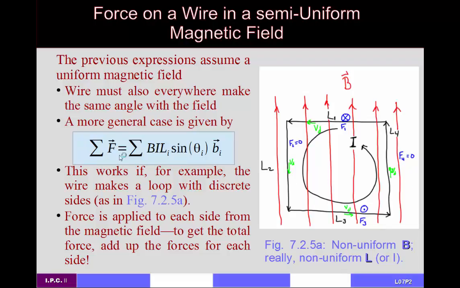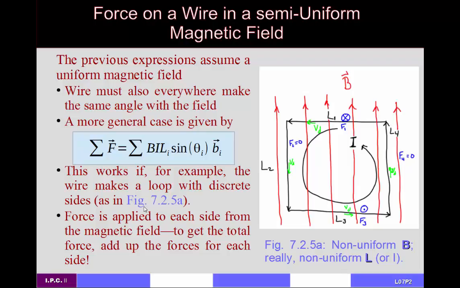So the total force is the sum of the magnetic field times current through segment times length of segment times sine of angle between wire and segment, and then this little b sub i vector is really a unit vector. It has no units at all to it, ironically. It basically just says this is the direction in which the force is acting upon this segment of wire.